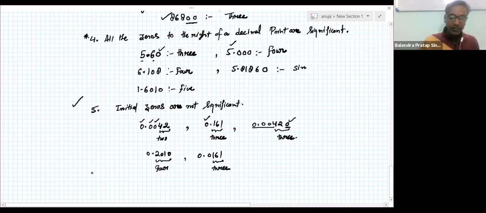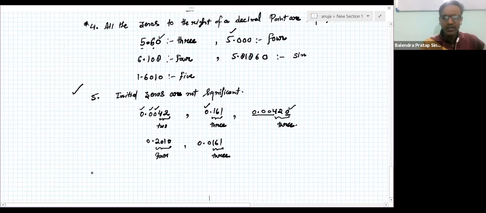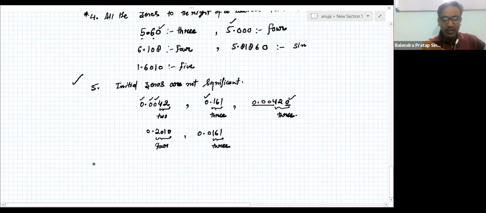These are basically 5 rules. One more rule, but it's not basically a rule, it is another form of rule number 3. Powers. If any number is given in a power, like 6 into 10 raised to the power 6, these power numbers are basically not significant. Powers are not significant.